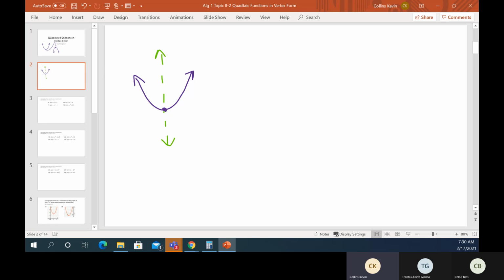So the green dotted line here is almost like a mirror, and it turns this thing into two pieces that pretty much look the same, except they're reflected around that line, right?